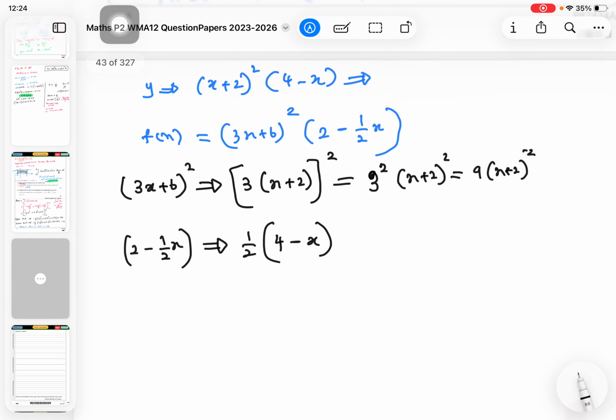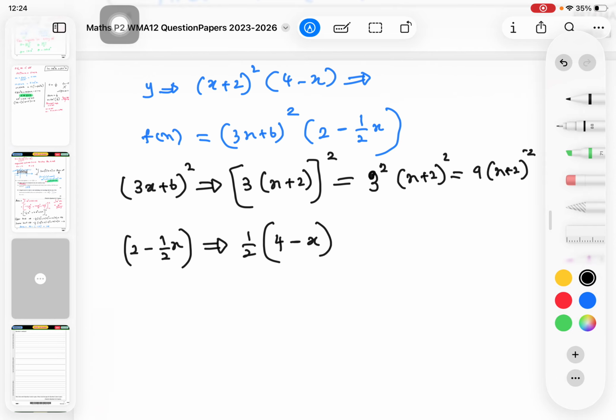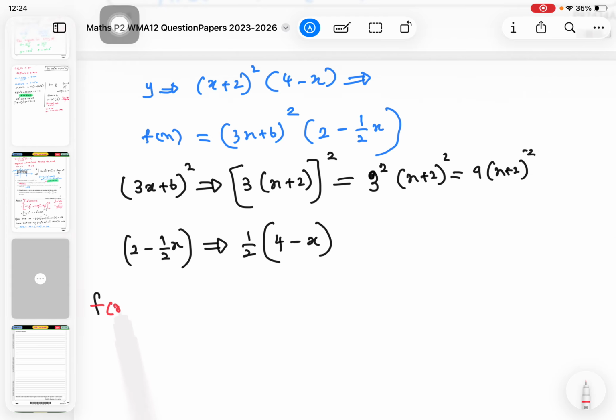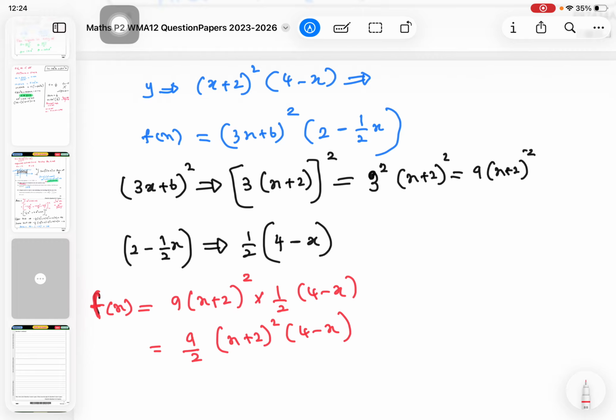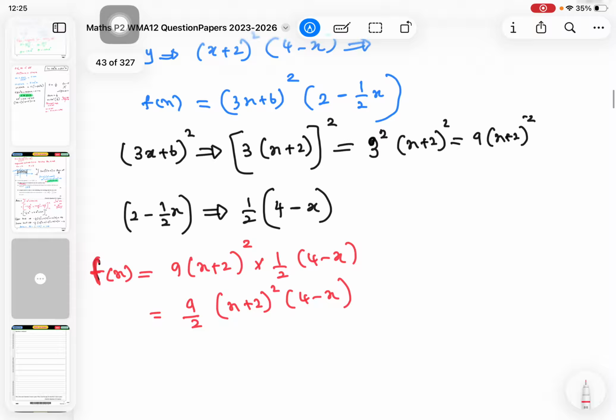We straight away got our value. So now let's write it the other way. Our new f(x) is 9(x + 2)² times ½ times (4 − x). So what we can see is (x + 2)² (4 − x), which is our previous equation.